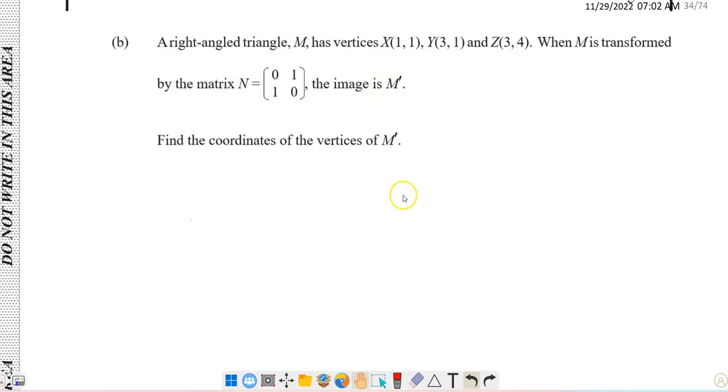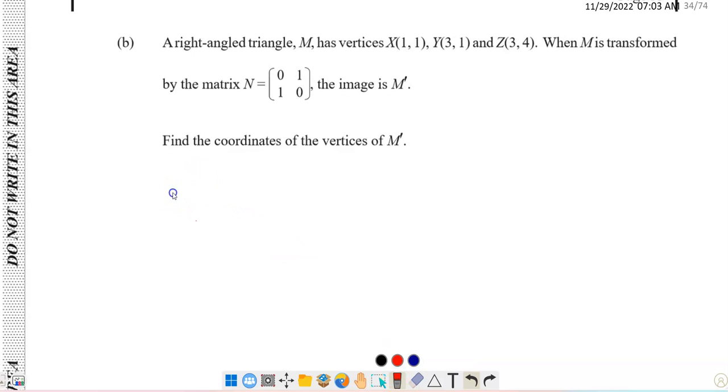So we have a right angle triangle M, which is X, Y, Z. So we have N as 0, 1, 1, 0, and we transform the matrix M, where X is 1, 1, Y is 3, 1, and Z is 3, 4.